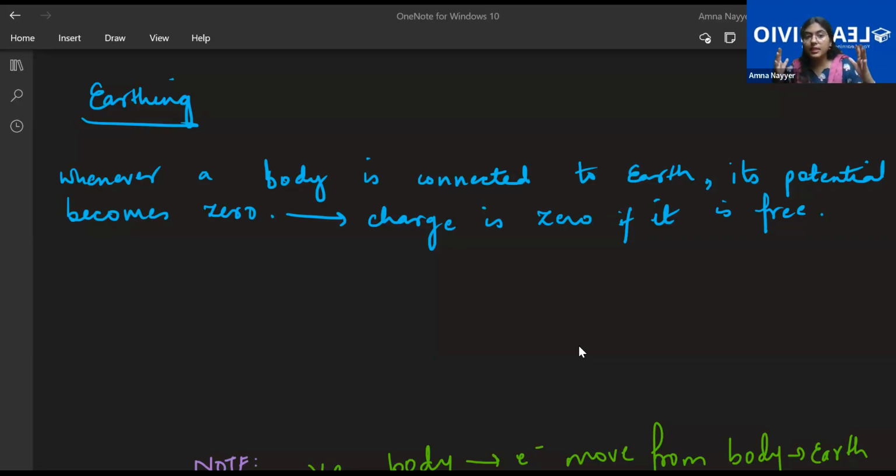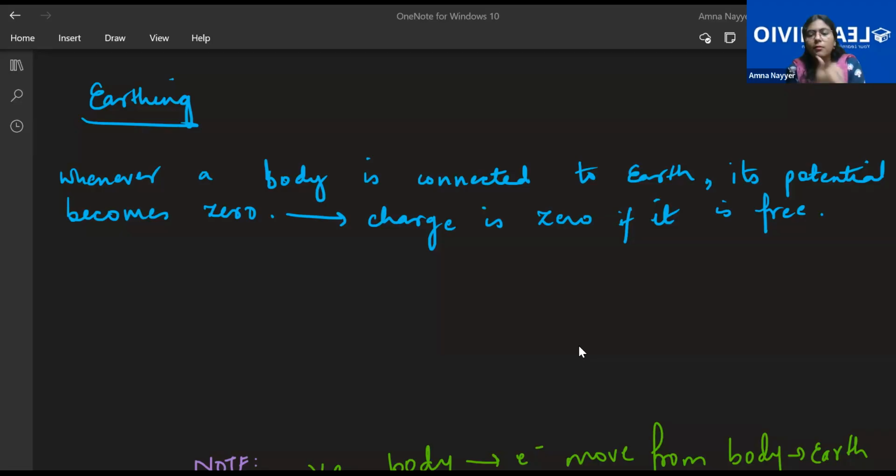This is because when these heavy vehicles move, there is a chance of charging by friction, right? The vehicles are moving on irregular road surfaces, and tires have irregularities in them. So when the tires move across the road, it can lead to a spark or electric shock, and it may catch fire. So to avoid that, the metallic rod is connected.